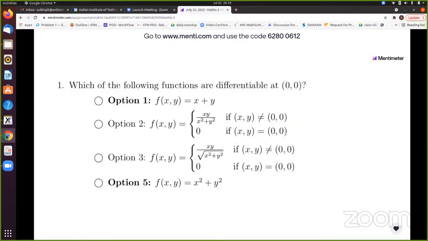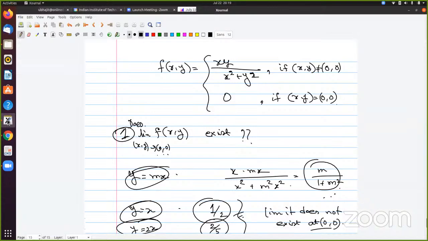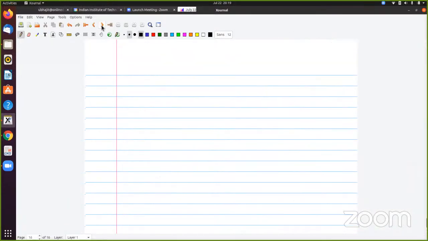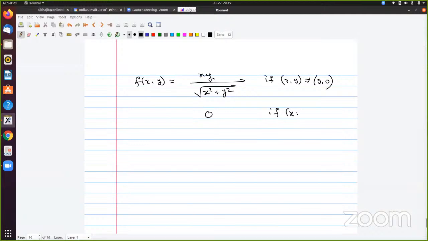So let's see. The function is this. Now you are saying again take y equal to mx, right?